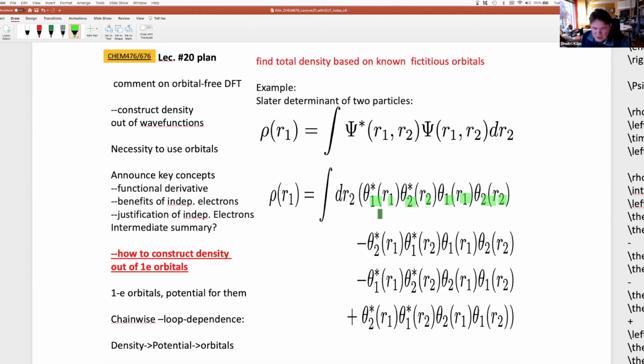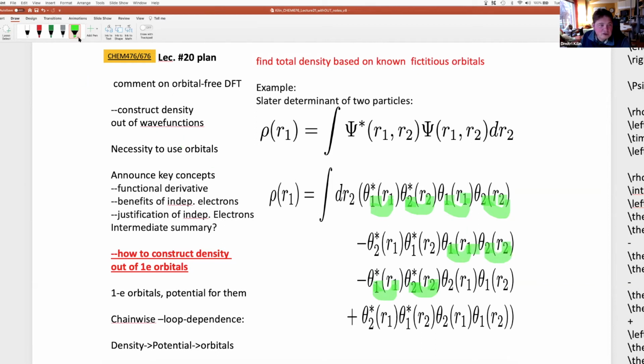When the indices of the orbital and electron coincide, it is diagonal. When they do not coincide, it is off-diagonal. So we have another instance when they coincide here and there.